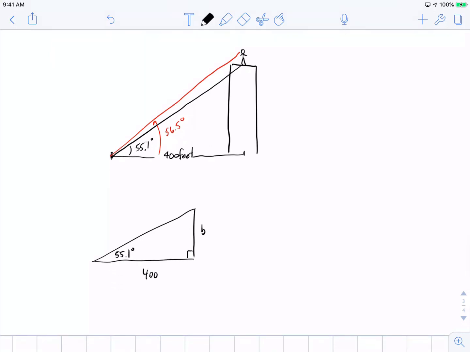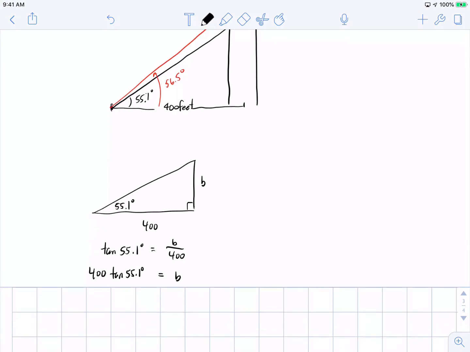So based off of that, opposite and adjacent, we should use tangent. So then tangent of 55.1 degrees is equal to the opposite over the adjacent. And so B is going to be 400 times tangent of 55.1 degrees. And that's going to yield 573.39. And that's approximately, right?